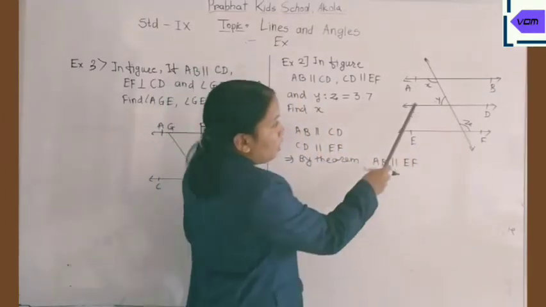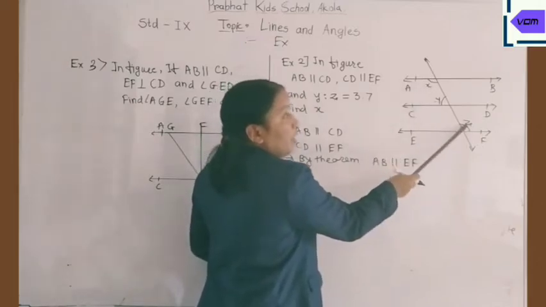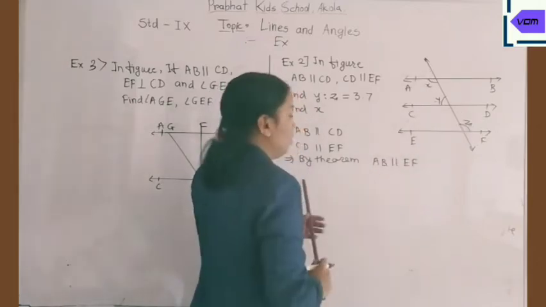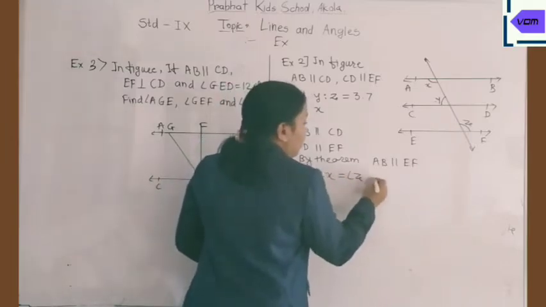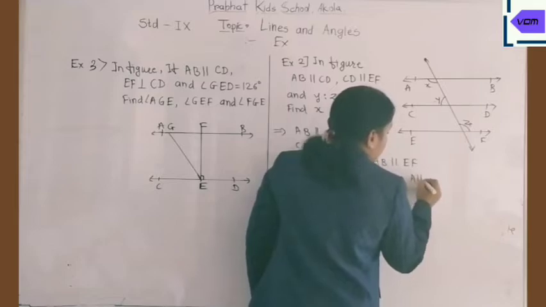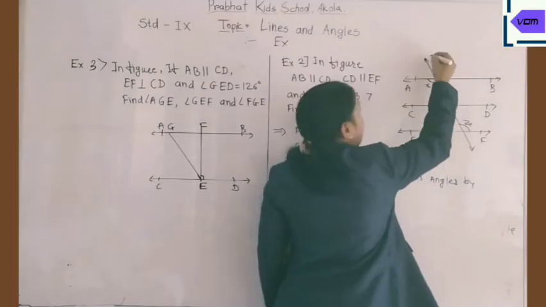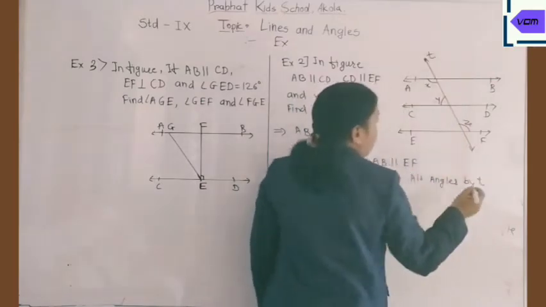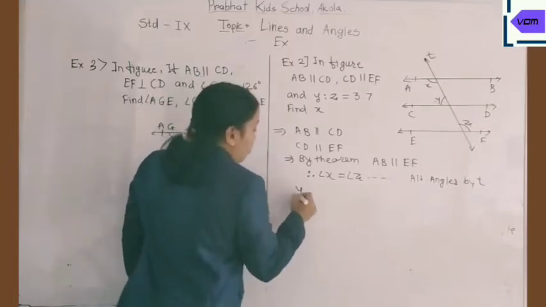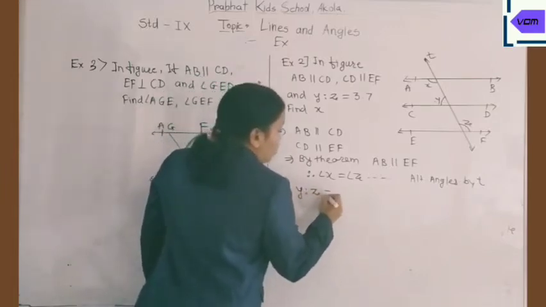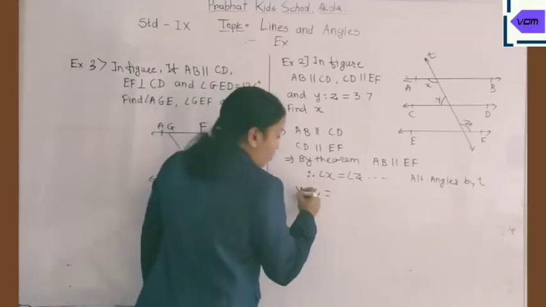So angle X and angle Z are alternate angles by this transversal. Therefore, angle X is equal to angle Z, as they are alternate angles by transversal T. Now X is equal to Z. Also, what is given to you? Y is to Z.